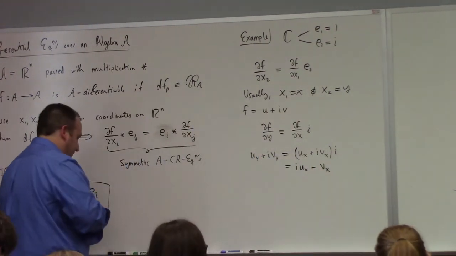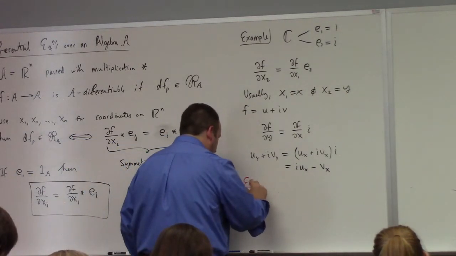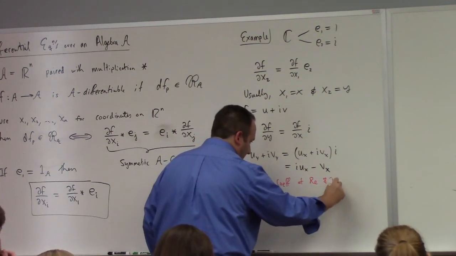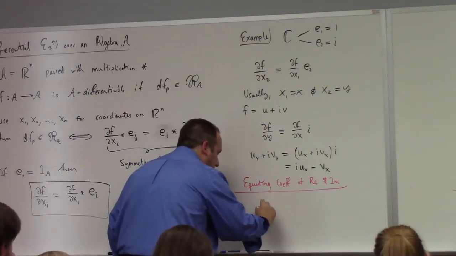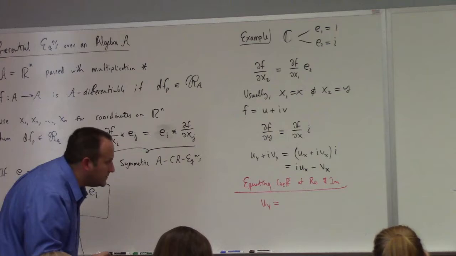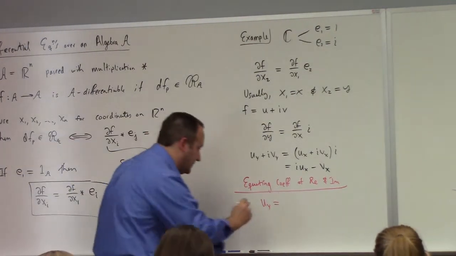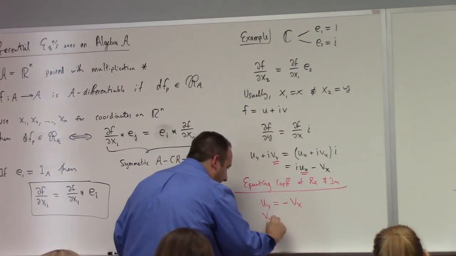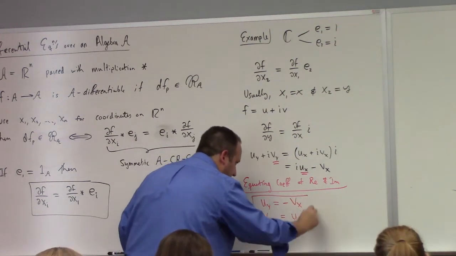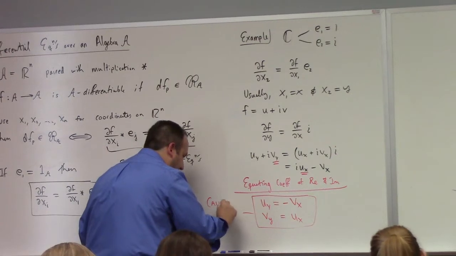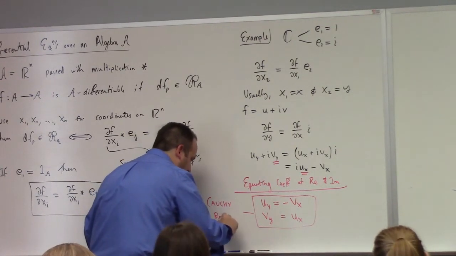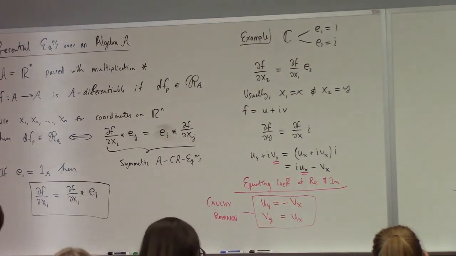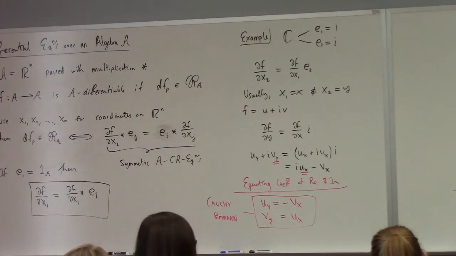Equating coefficients of imaginary and real components, I see uy equal to minus vx, and I see vy equal to ux. Of course, those are the usual Cauchy-Riemann equations, right? What I'm showing you is a way to generalize that idea for an n-dimensional algebra. It's a straightforward extension of complex analysis.